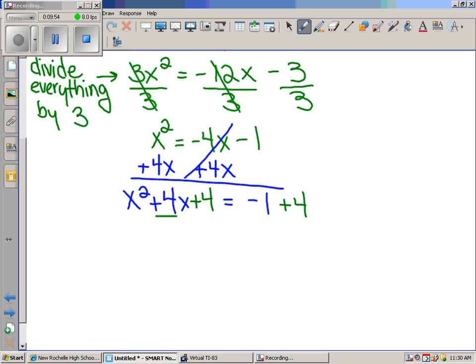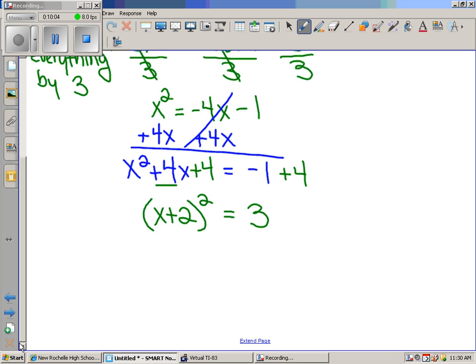Add that to both sides. This, when we factor it, becomes x plus 2 squared, right? Because it's a perfect square trinomial. And then what do we do next, Hill? Come on, Hill. Tell me what's up.